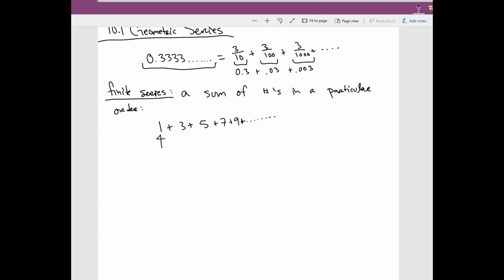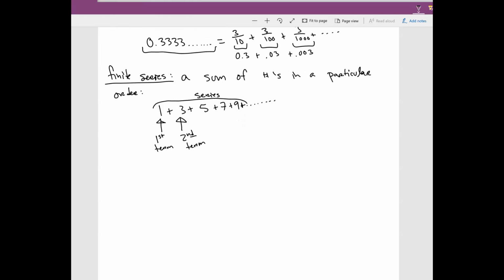Each of these numbers we're going to call terms. This guy is the first term, this guy is the second term, and so on and so forth. Basically this entire sum is what we call a series. For right now, we'll just write it the long way, and then we'll have a shorthand notation.